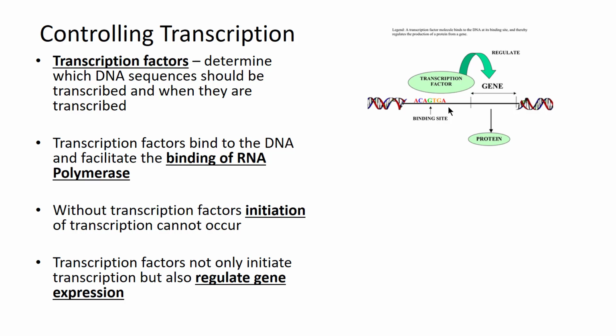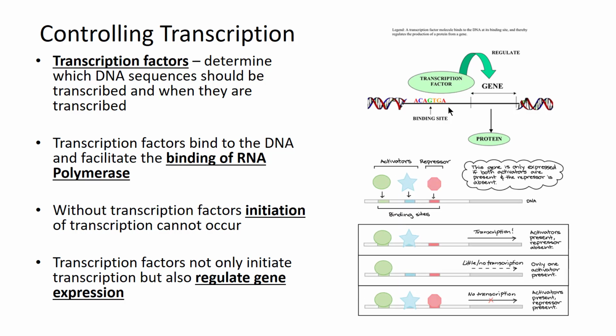And as we understand more about the DNA, we start to understand what mechanisms specifically allow these transcription factors to be activated. Ultimately, this figure here, if you want to pause it and look at it, shows you where the binding sites are for these activators, and then what happens once they're bound, so that we either get transcription, small amounts, or no transcription, depending on what kind of activators or transcription factors are bound to the DNA.